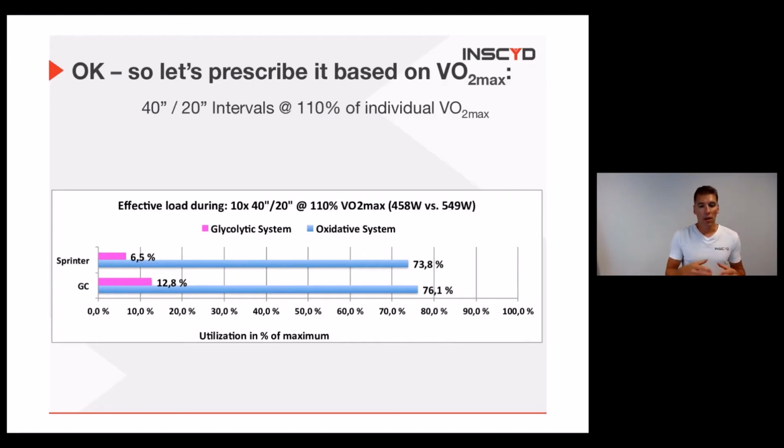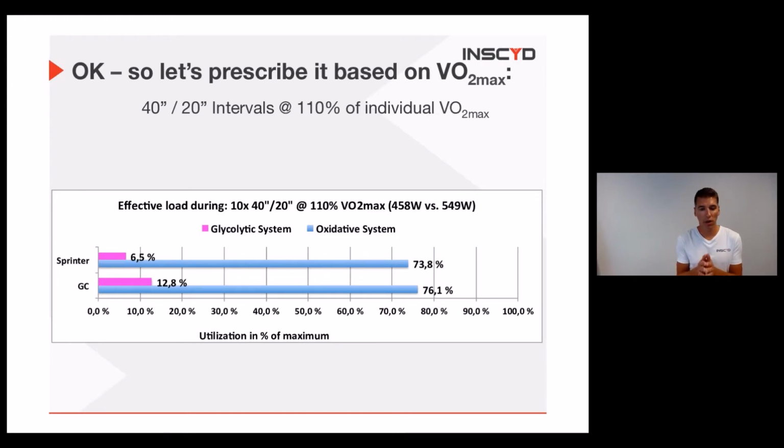Now, in contrast, this is a 40-20 kind of interval, so 40 seconds on, 20 seconds off. And in contrast to basing the intensity on anaerobic threshold, in this case, it is based on 100% of VO2 max. And you can see in the brackets now the power output is vastly different, right?